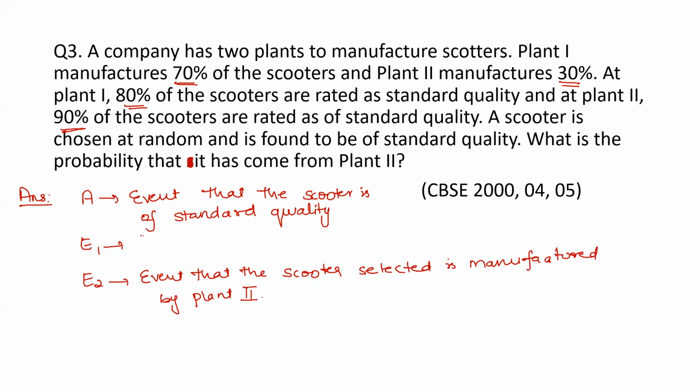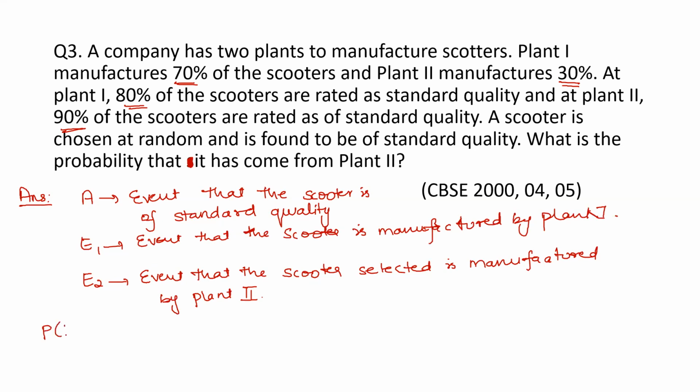What we will take as E1 is the event that the scooter is manufactured by plant 1. Now can you tell me, Abdur, what is P(E1)? P(E1) doesn't mean that we are selecting plant 1.